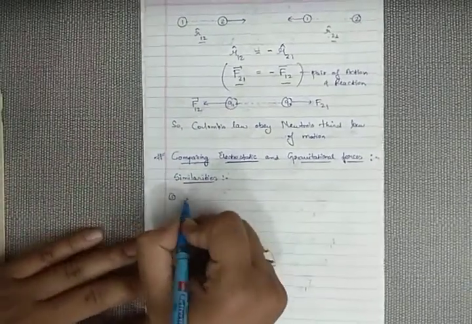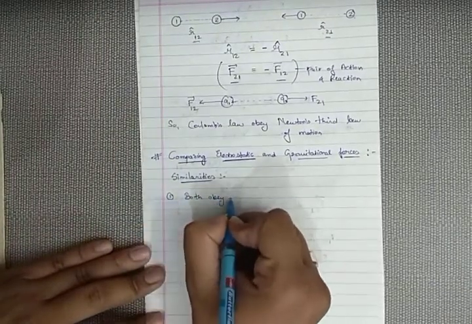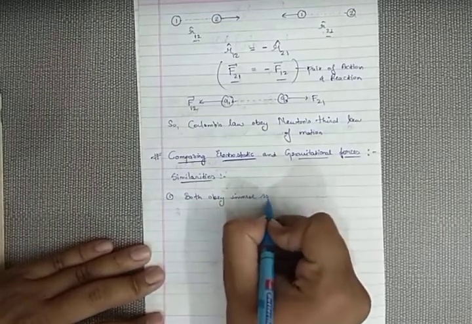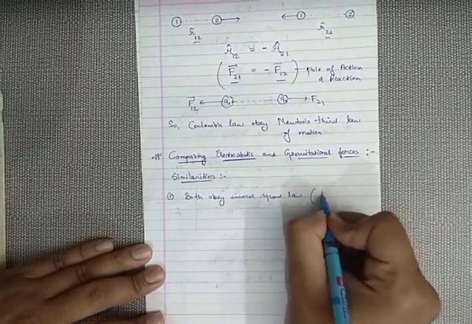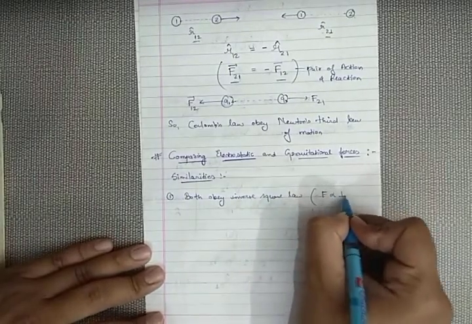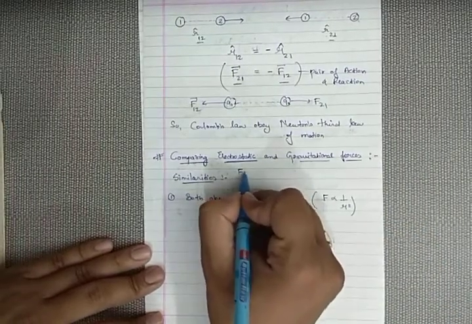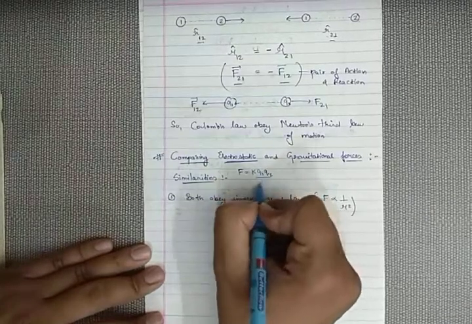First of all, they both obey the inverse square law. That is, F is proportional to 1 by r square. In electrostatic force, we know that F is equal to K Q1 Q2 by r square.